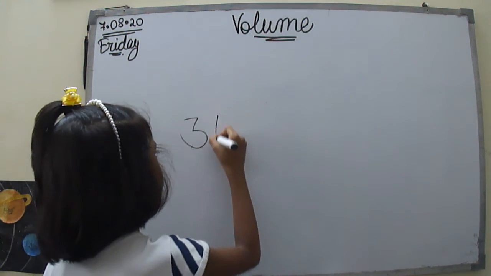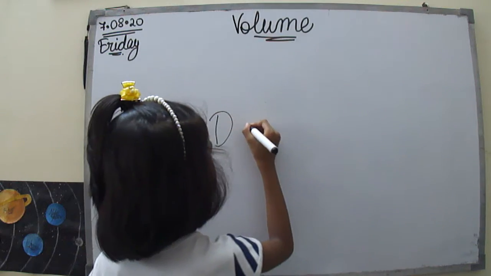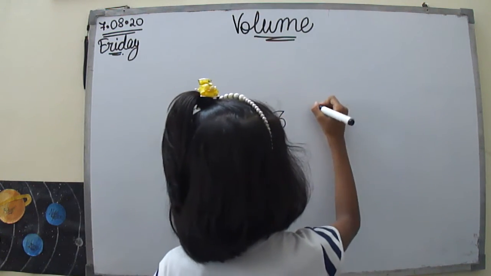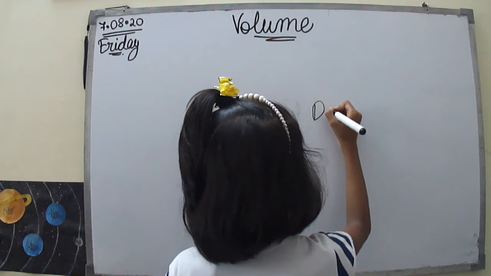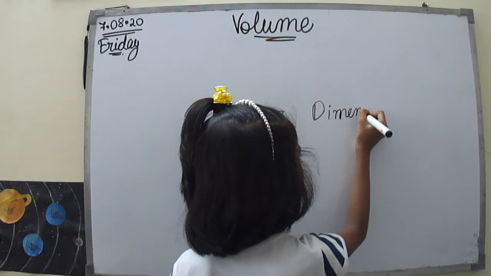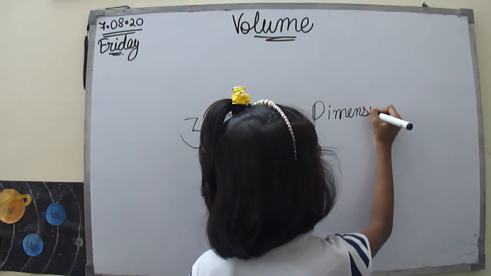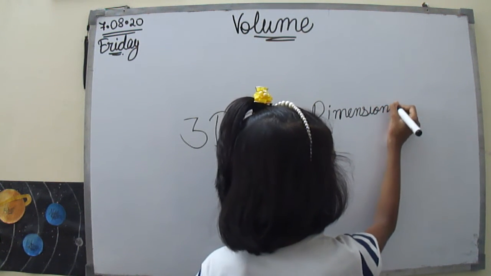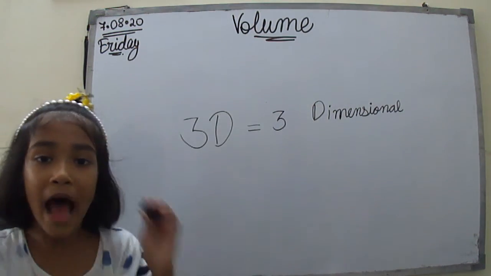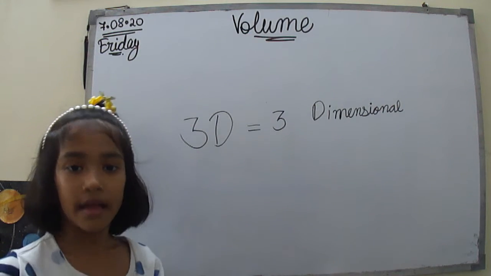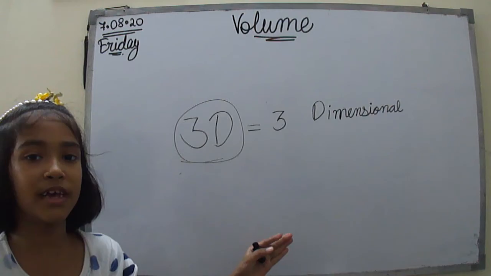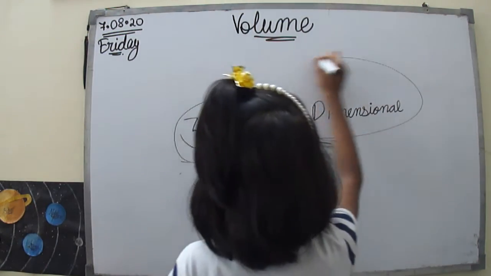The full form of 3D is 3-dimensional. That's why the name is 3D, because the full form is 3-dimensional.